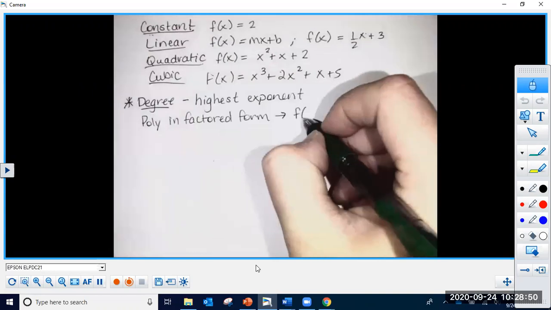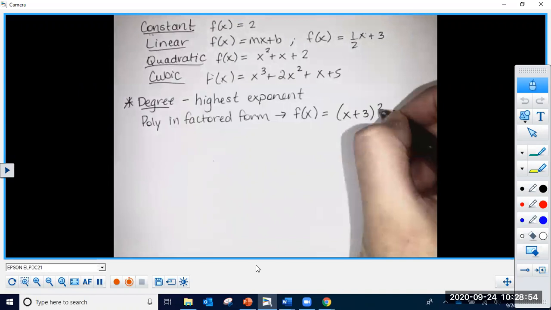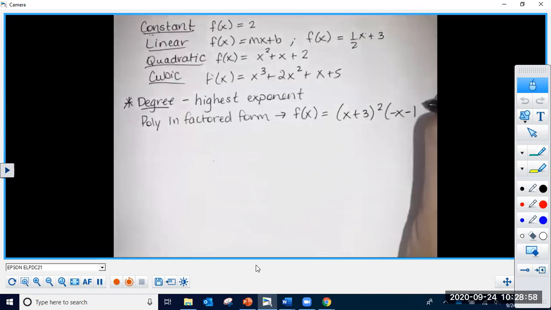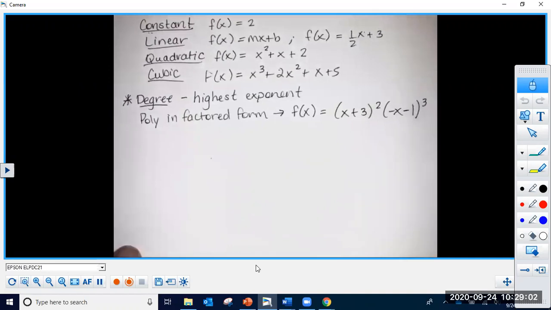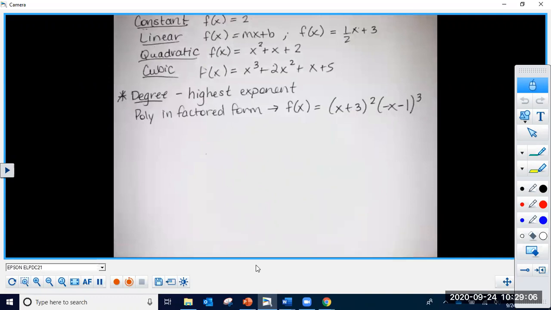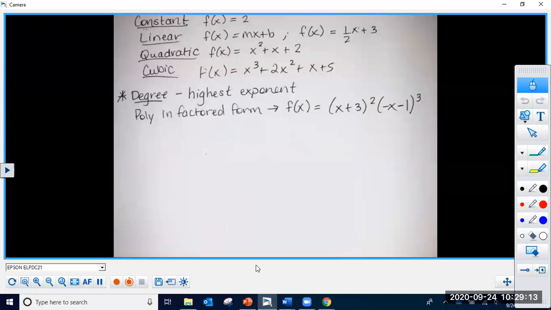You might have some function f of x, like (x + 3) squared times (x - 1) to the third power. So in factored form, they're going to have it already broken down for you, like x plus 3. Hopefully you remember factoring, and that does look like it's already been factored out.